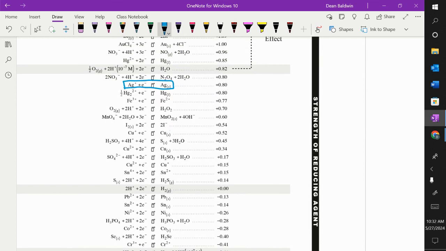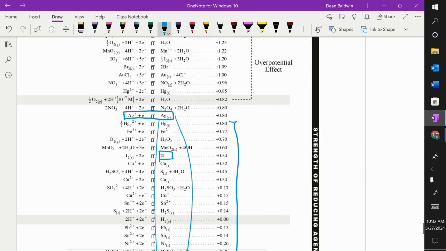Silver ion will react with any of these going down, any of these things on this side, below it. So anything above on the left will react with anything below on the right, and that will be a spontaneous reaction. For example, it will react with iodide, I minus, but it will not react with bromide, Br minus, which is right there. So silver and iodide will react, but silver and bromide will not be a spontaneous reaction.